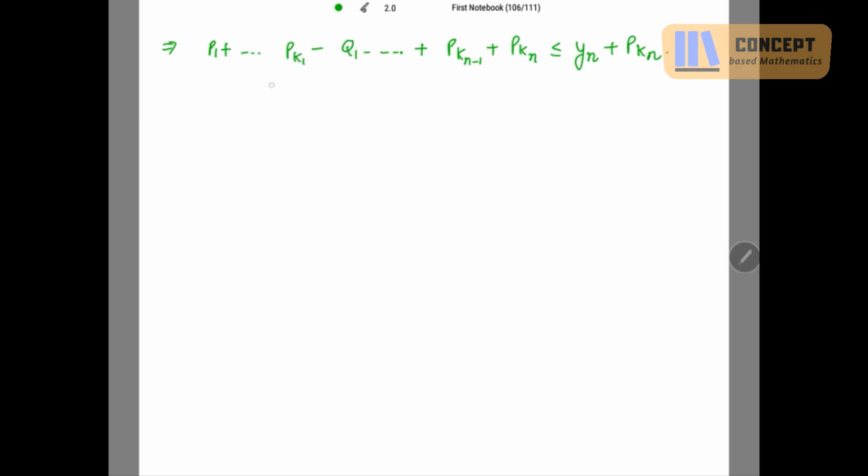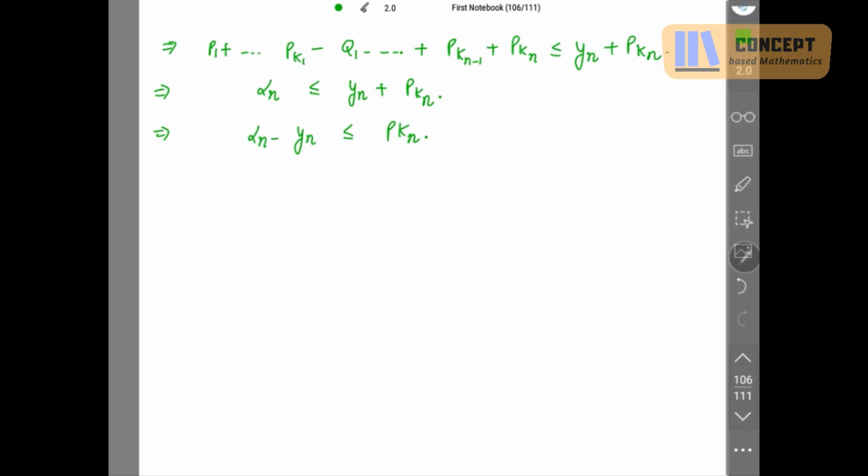Now again, what is all this sum? Because it ends up with the last term p_{kn}, this whole I write now as alpha n less than or equal to yn plus p_{kn}, right? Taking yn to the other side, this is p_{kn}. Sorry, it must look as the subscript.